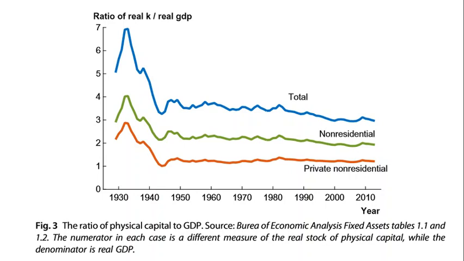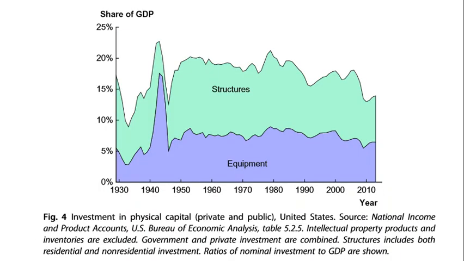Partly because output has gotten more, right? So as output goes up, the end result is we have more capital and we have more output, and it stays roughly the same. You can see this effect also just in terms of breaking down that physical capital between structures and equipment.